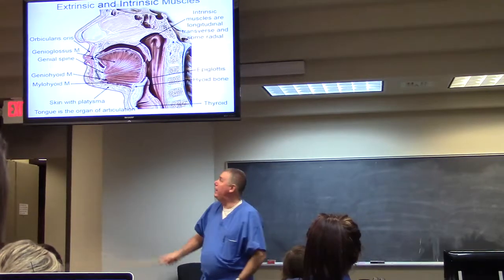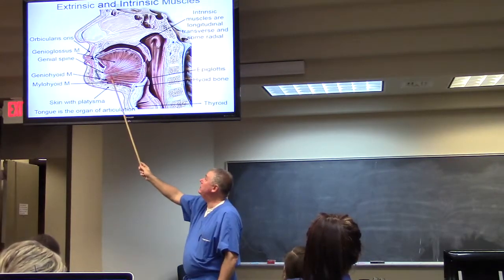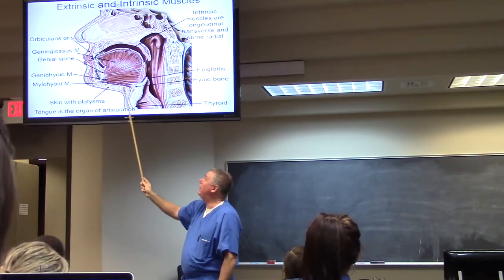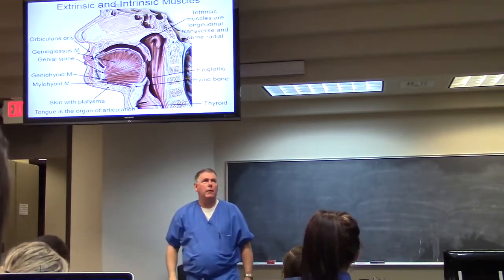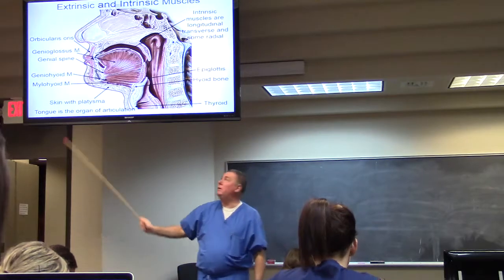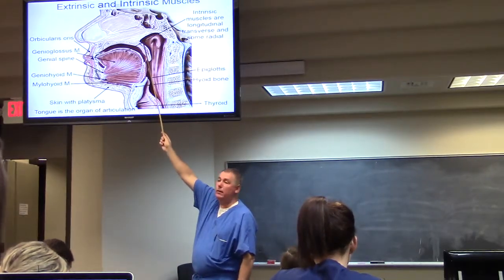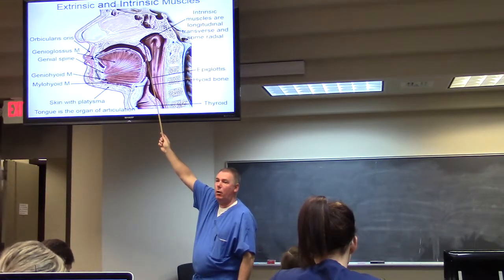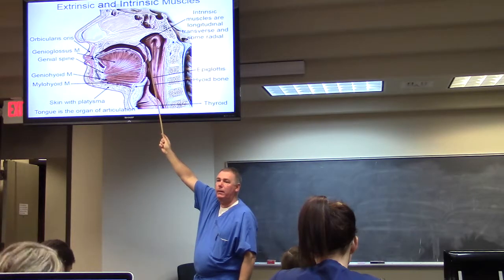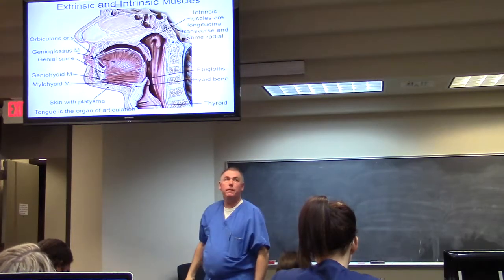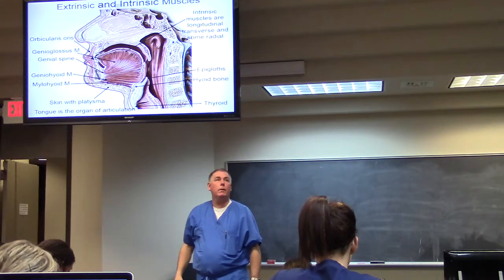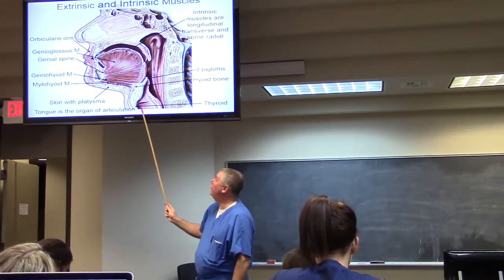All right. Inferior to the genioglossus is the geniohyoid, and below that's the mylohyoid. What's that opening into the back of the nasal cavity? The choanal. This would be the opening into the trachea.